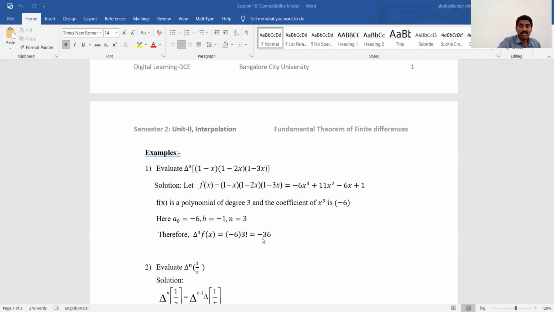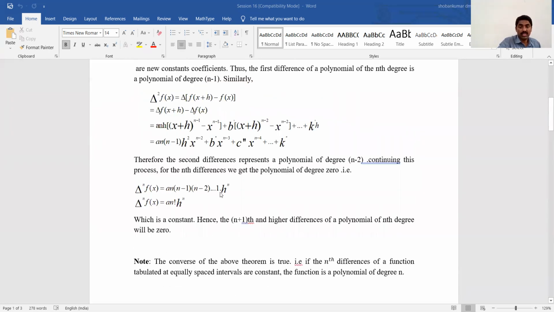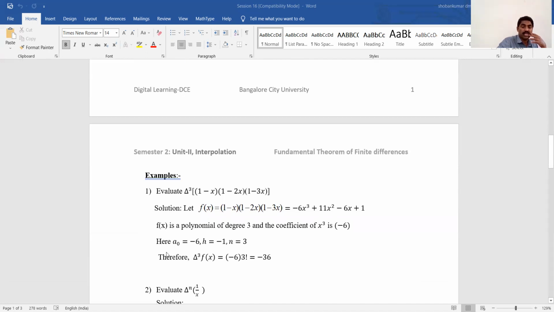We get a minus sign here. According to this theorem, h raised to n, n is equal to 3, minus 1 to the power 3 is minus 1, and a naught is the coefficient of x to the power n. Here a naught is minus 6, h is minus 1, n is equal to 3, and we get delta 3 f of x is plus 36, not minus, here plus 36.